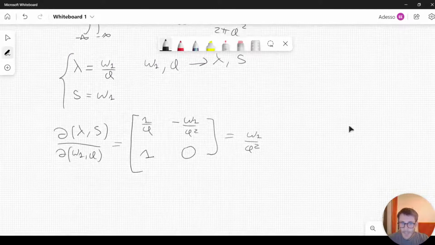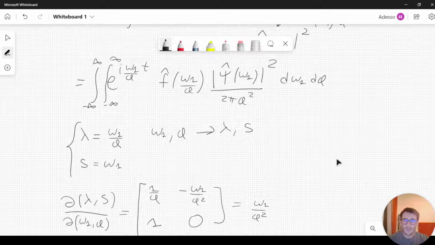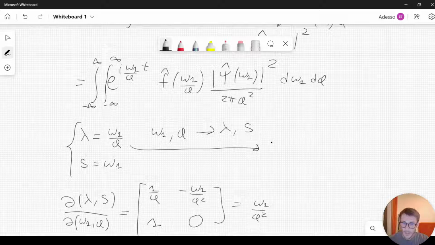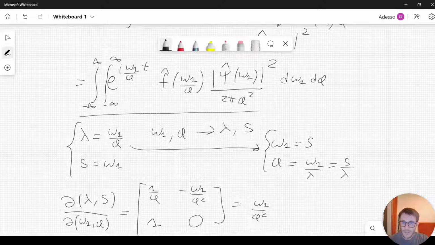And then I have to substitute these variables here, and in particular, from these conditions, I also find that omega 1 is of course equal to s, and a is equal to omega 1 over lambda, which is equal to s over lambda. So inside this expression, I have to replace omega 1 with s and a with s over lambda.